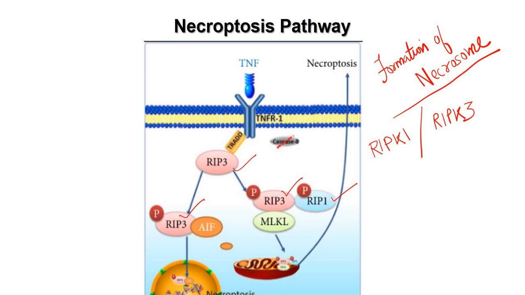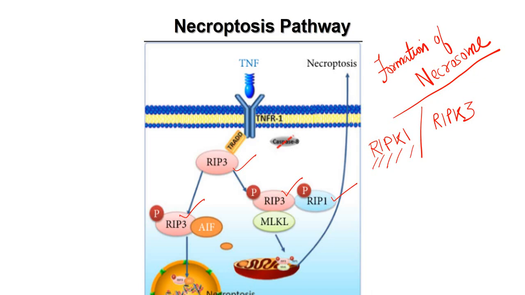They stand for receptor interacting protein kinase 1 and receptor interacting protein kinase 3. R for receptor, I for interacting, P for protein, K for kinase. They are the key regulators of necroptosis.